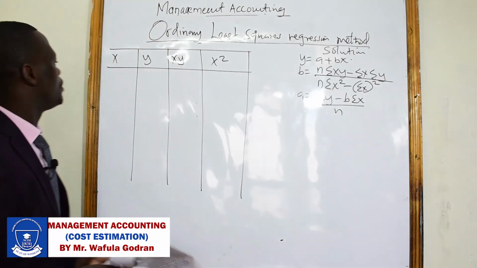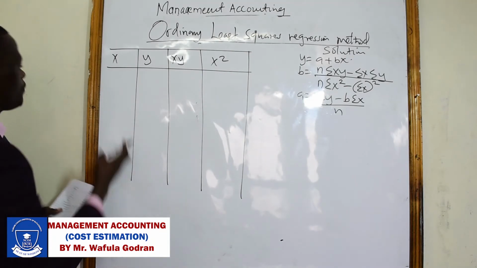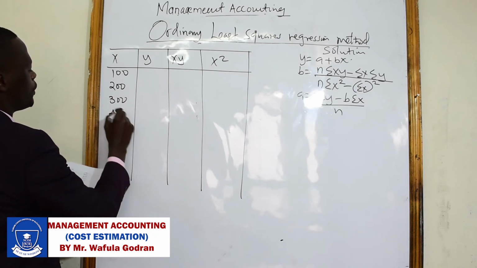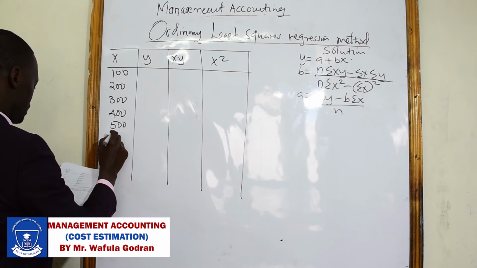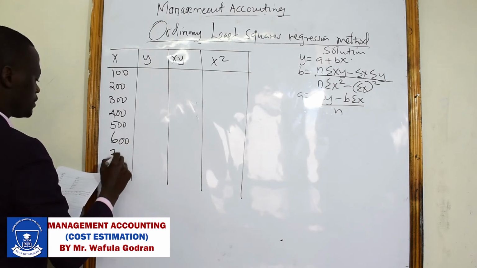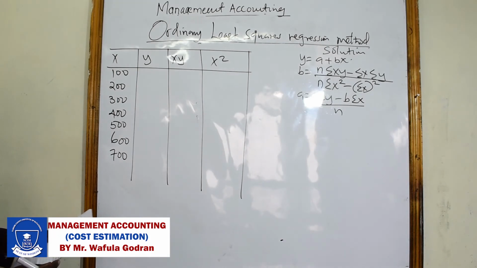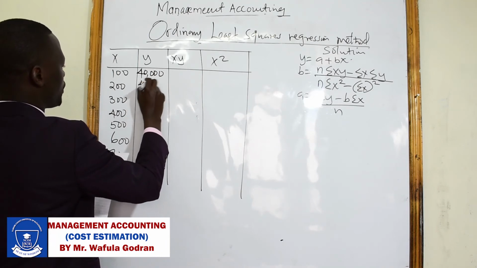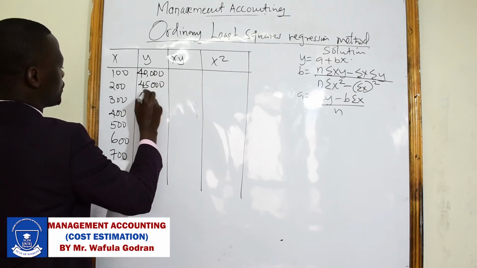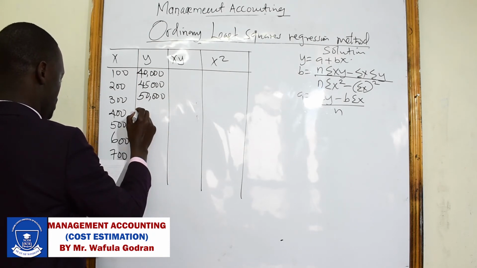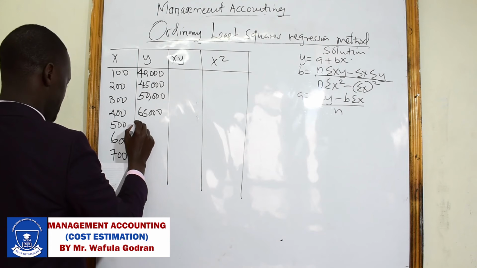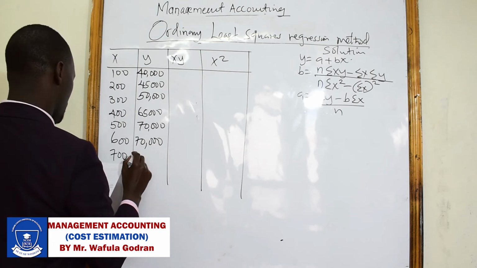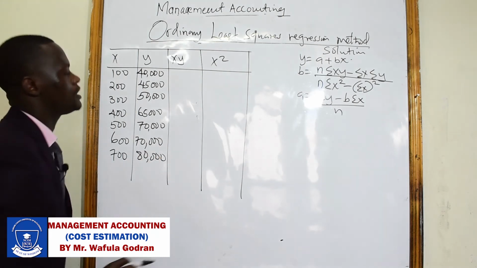On the side of x, we were given 100, 200, 300, 400, 500, 600, 700. Y, we were given 40,000, 45,000, 50,000, 65,000, 70,000, 70,000 again, and 80,000. That is what we were given.